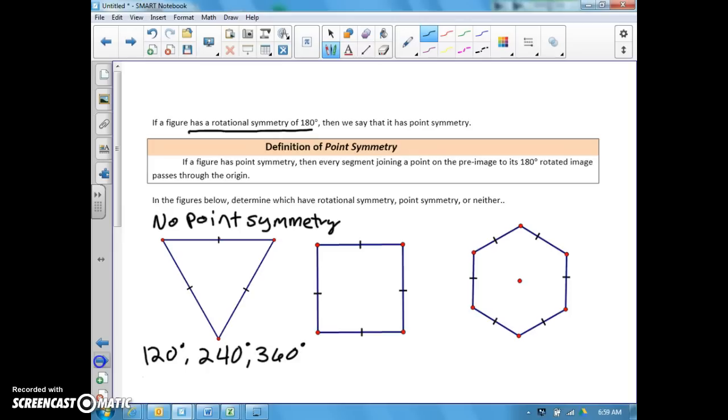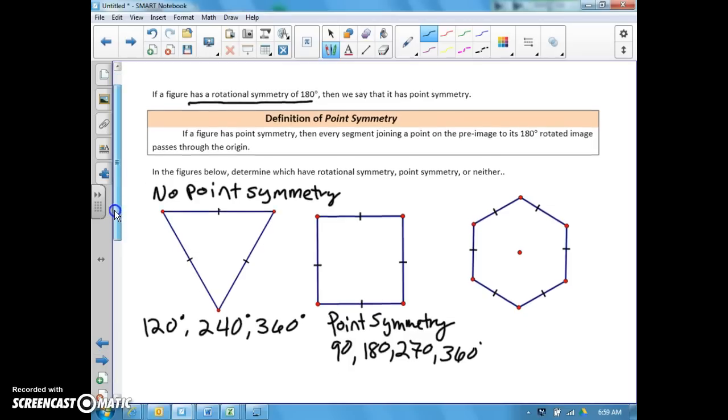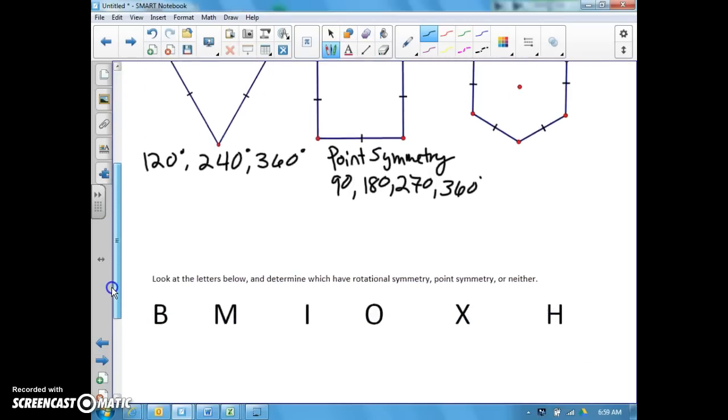The square does have point symmetry because it has symmetries at 90, 180, 270, and 360. I want you now to figure out whether or not the hexagon has point symmetry at any degrees.